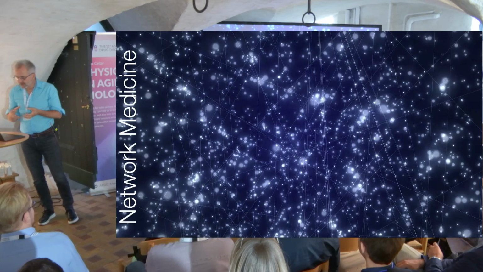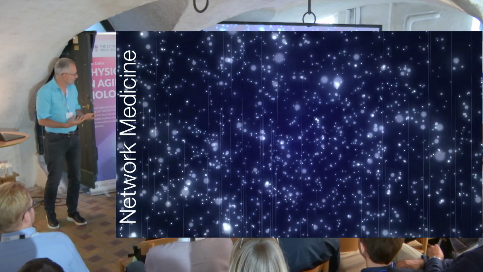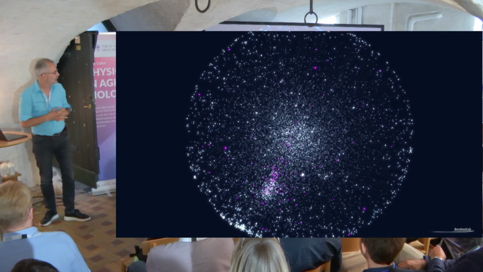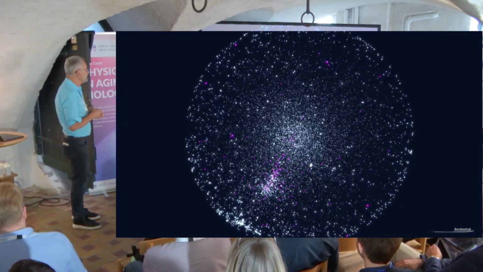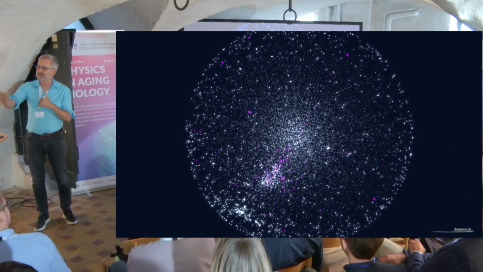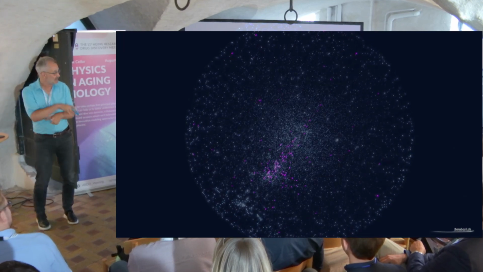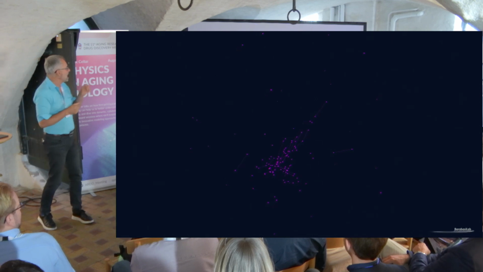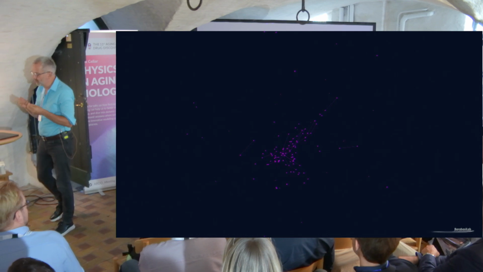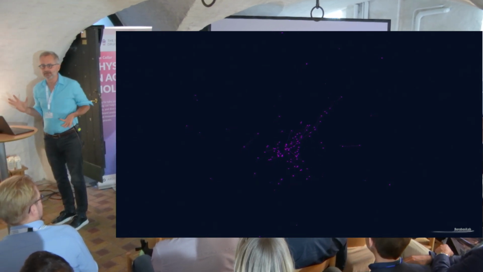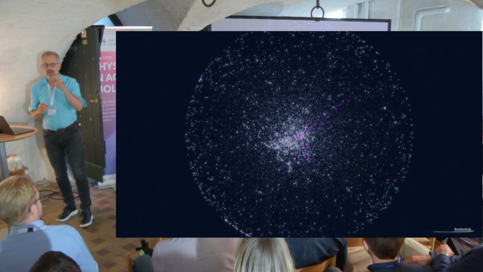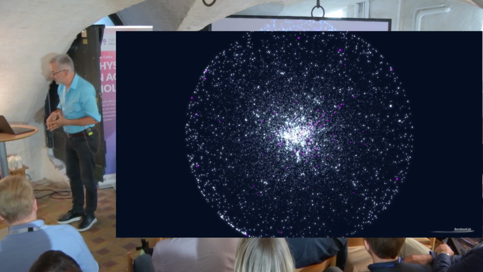One of the key concepts is the disease module: when you take a particular disease and identify, using genetic tools, the genes involved in it, and you place them on the network, you realize that the nodes or proteins are not randomly distributed within that giant network space, but tend to aggregate in a certain network neighborhood.